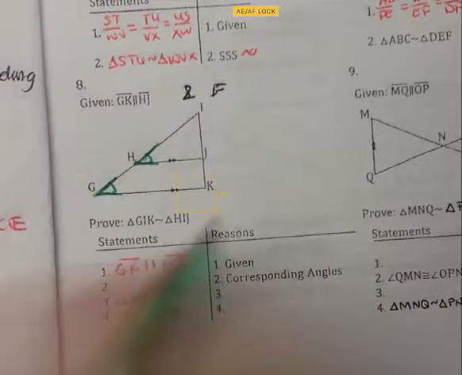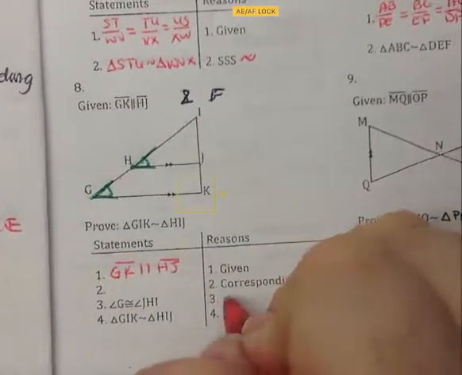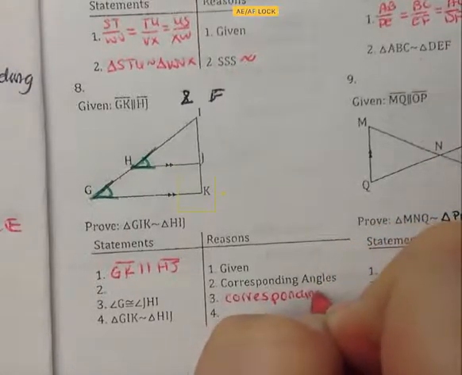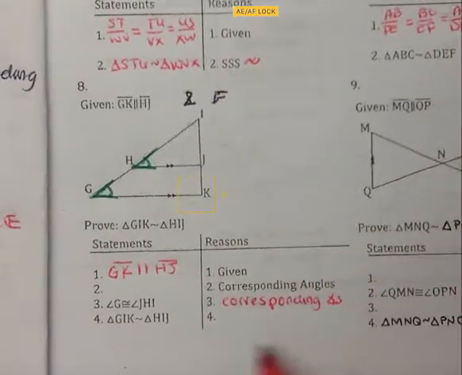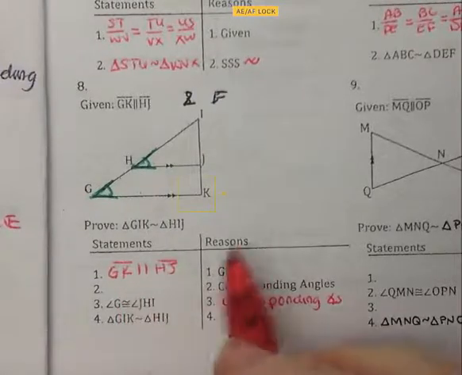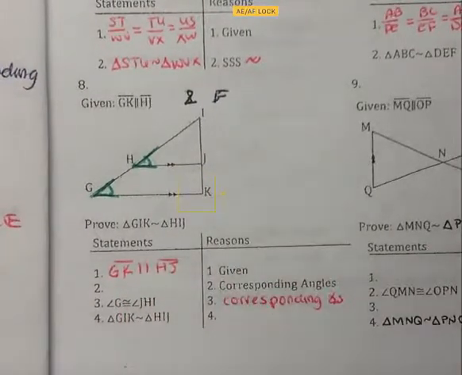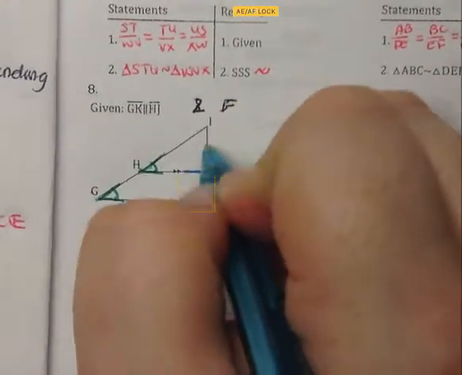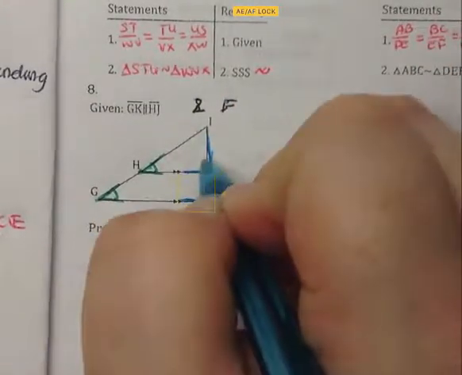So these are congruent because of corresponding angles as well. This is one of the reasons why you have to look at your steps to make sure you don't reiterate the same angle already. So the other corresponding angles would have to come from this part of the F.